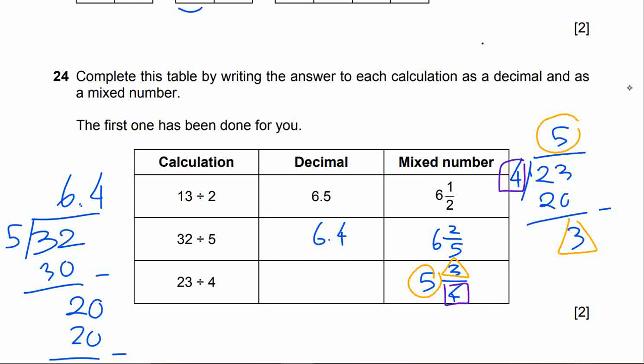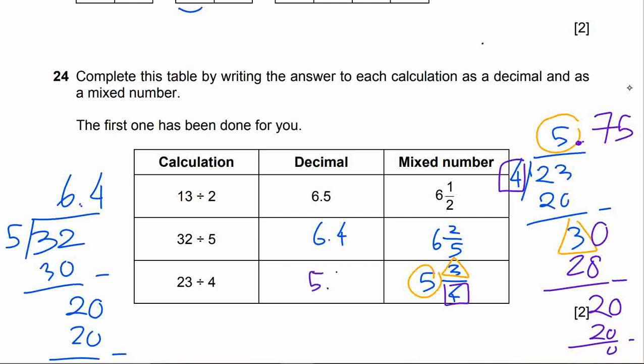So 5, 3 by 4. And then if we continue, we have to put the decimal point. That will be 30. 4 times 7 is nearest to 30, which is 28. You get 2, and we are allowed to add 0 in every step after we add the decimal point. So 4 times 5 is 20. So it will be 5.75.